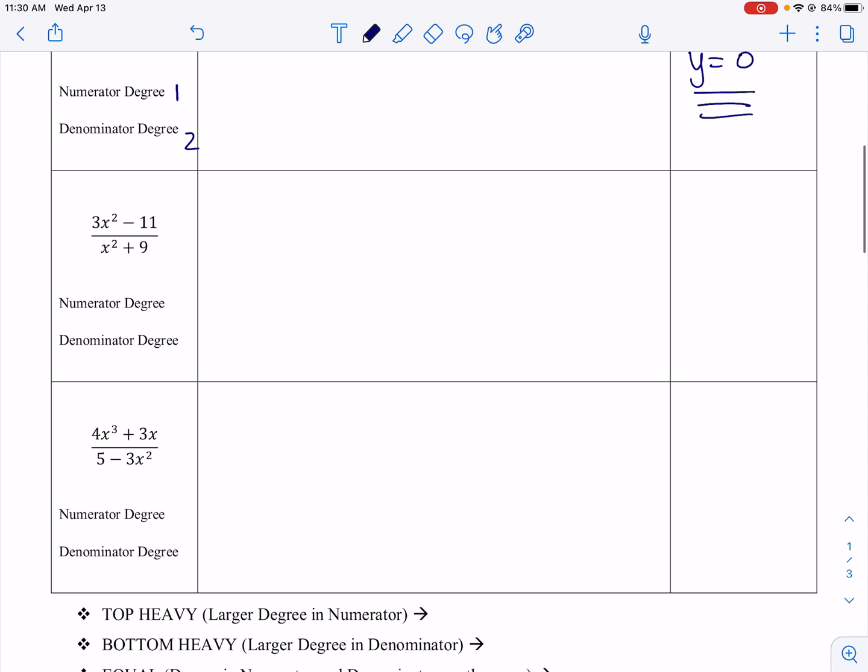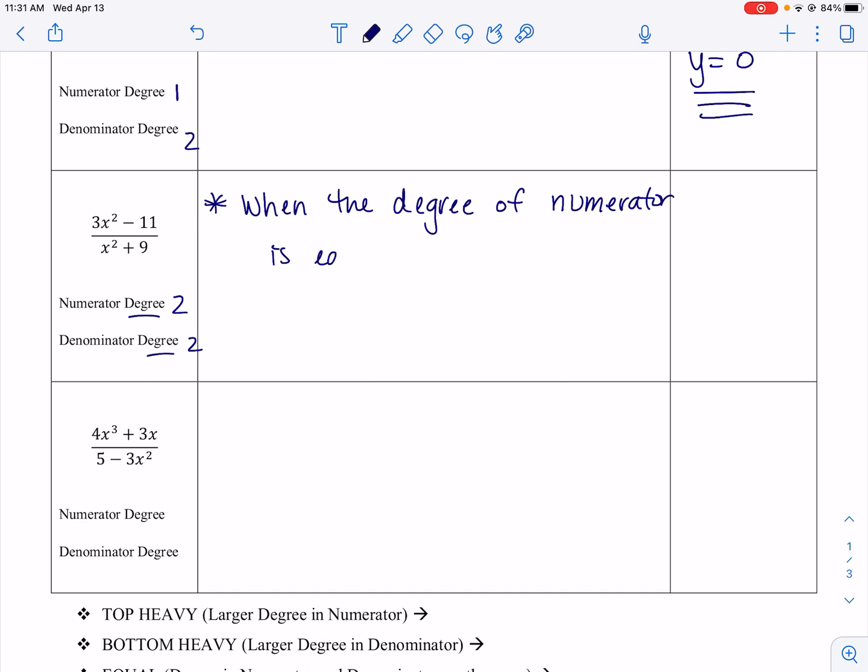The second situation is where the degrees, in this case, are equal. So when the degree of the numerator is equal to the degree of the denominator, you set up this situation.